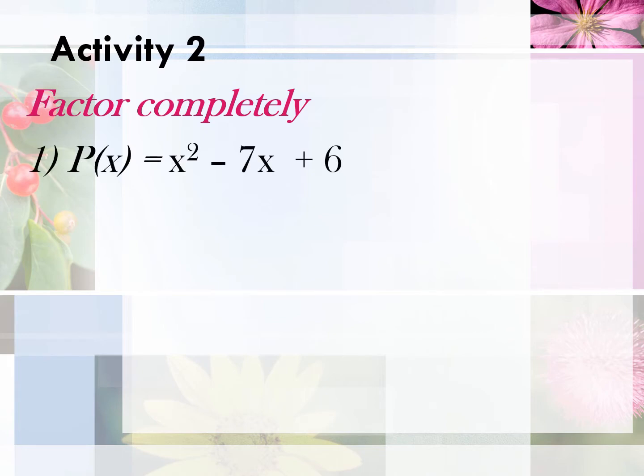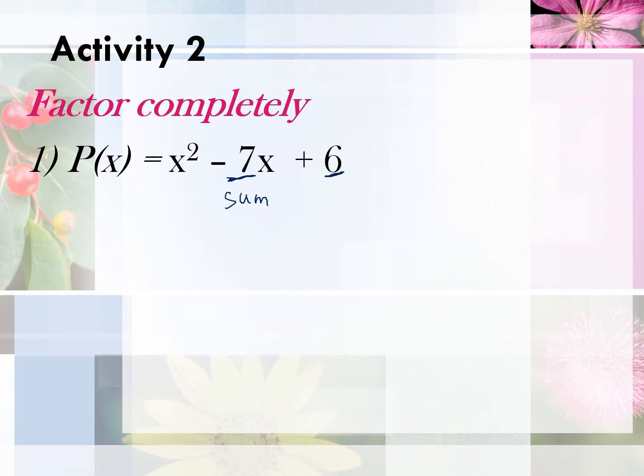Let's have activity number 2, factor completely. We have p of x equals x squared minus 7x plus 6. So, dito sa quadratic function na to, kailangan natin siya i-factor. And we need to remember that yung ating middle term o yung nasa gitna, this is the sum of the factors.